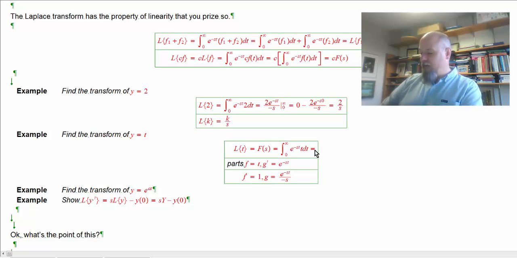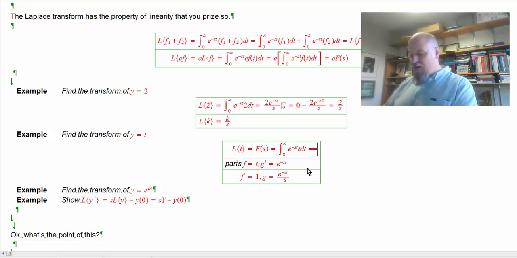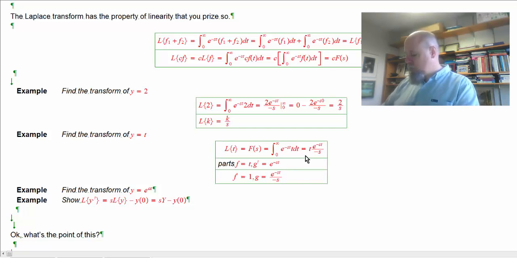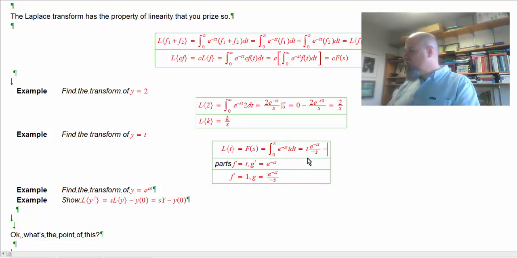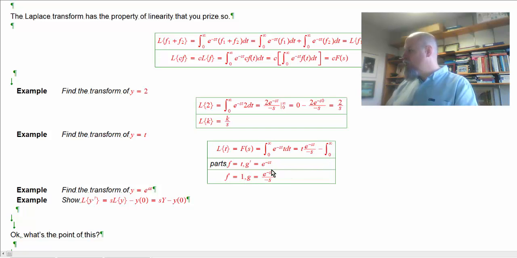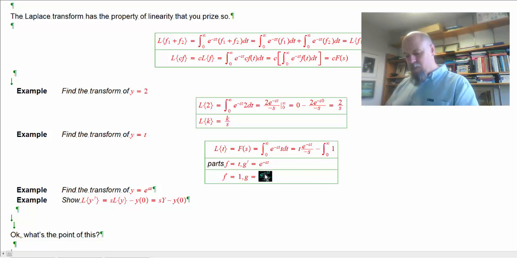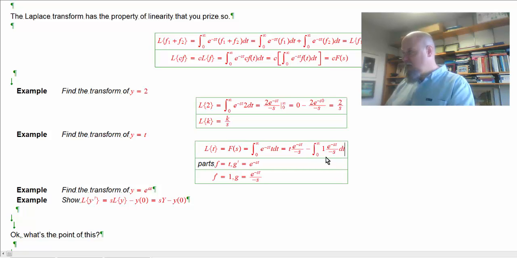So I can put this in. That's going to equal f times g minus the integral of the two things I made, which would be the 1 times the g dt.